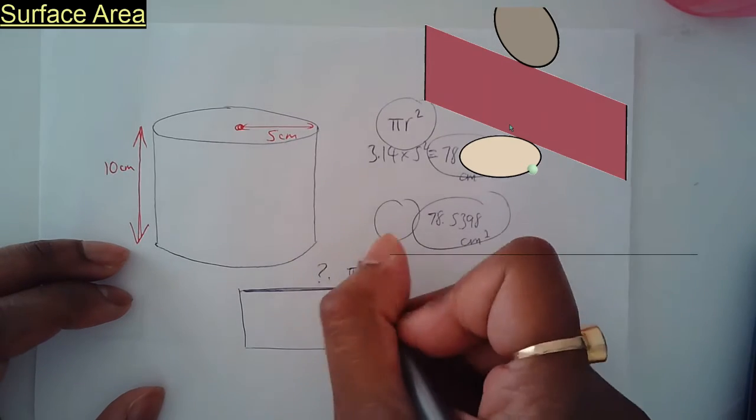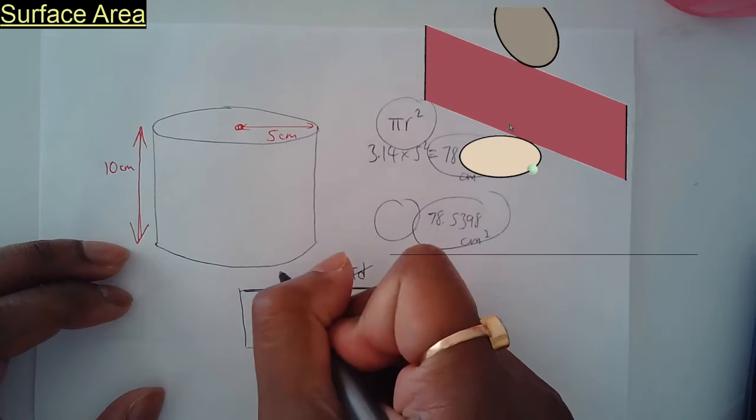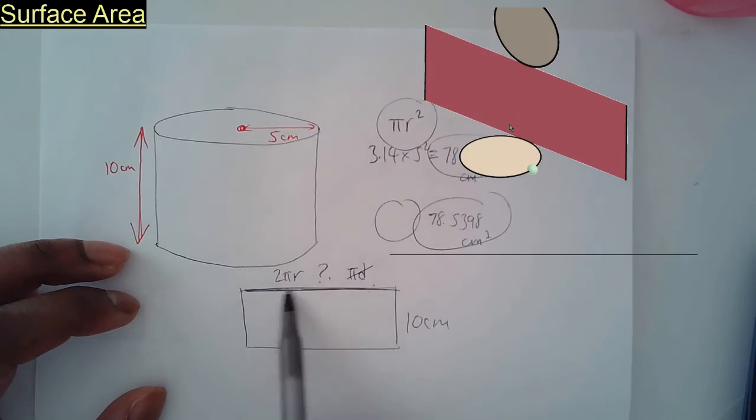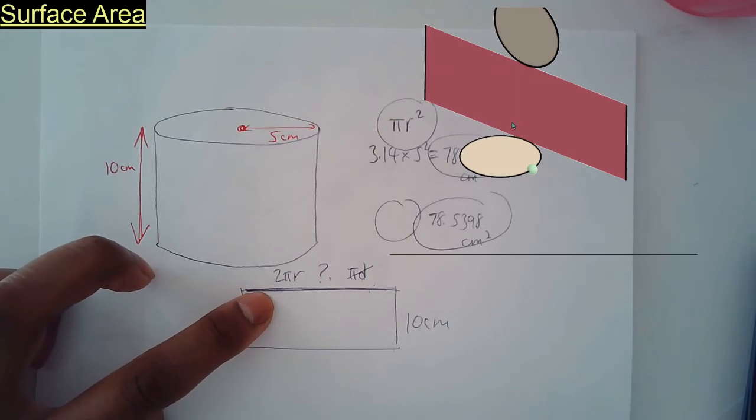Or if you like, the other formula is 2 pi r, it's the same thing. Remember, two lots of radius makes diameter. And follow the animation. The black circle there is the circumference, 2 pi r.